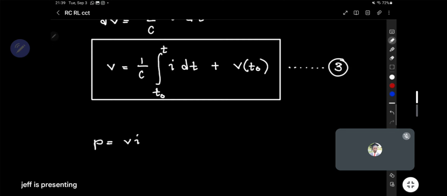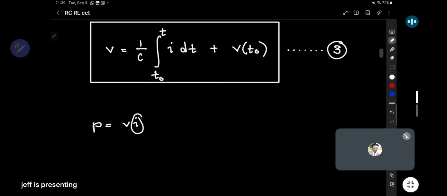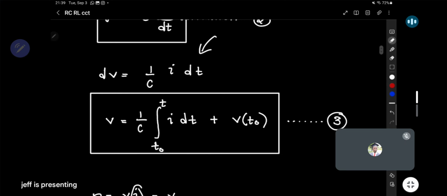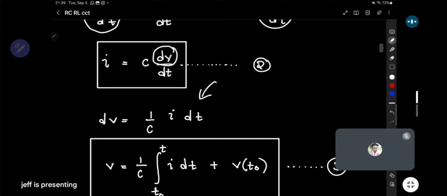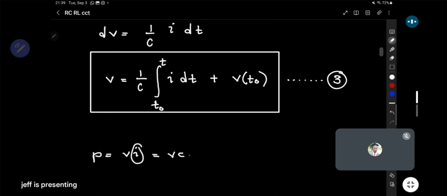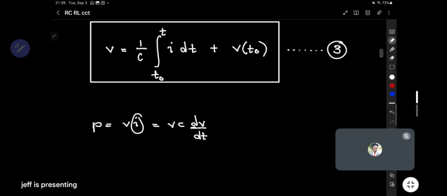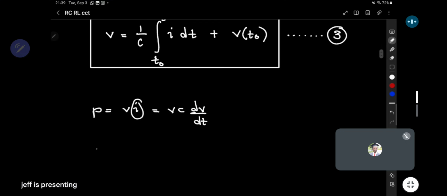So where there is current, if I put the expression for current, I'll have voltage. Current, we saw, was C dV/dt. So I'll have C dV/dt, so that now we can say that power is equal to C V dV/dt. So we have just come up with the expression for power, just like that.